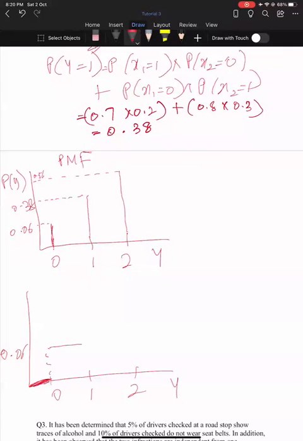And then y takes the value 1, less than or equal to 1. So we add 0.06 and 0.38, and I think we get 0.44. So here we get the second jump, which is 0.44. And we have a line and it's stable till 2.